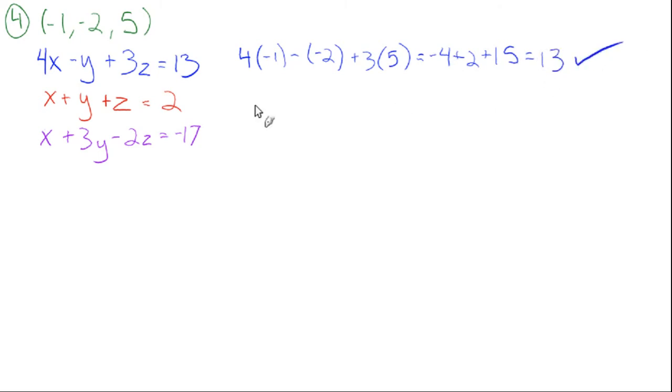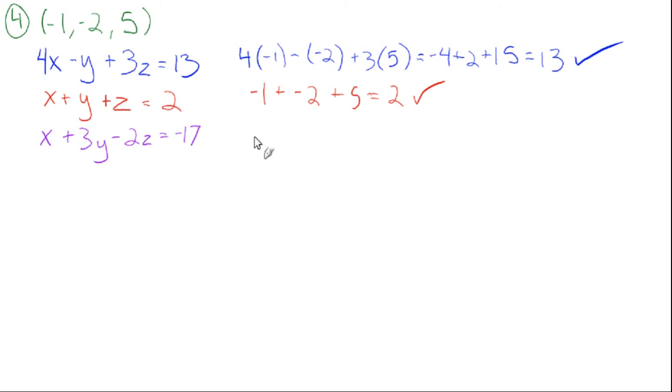So that checks out. Let's try the red one. Again, -1 for x, plus a -2 for y, plus 5 for z. And -1 plus -2 is -3, plus 5 would be 2, so that checks out.